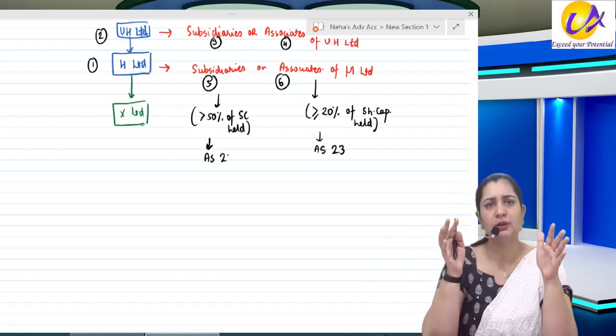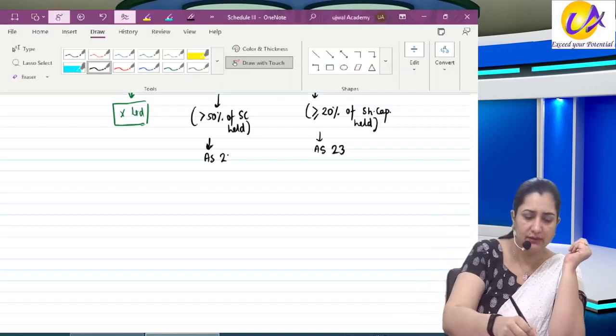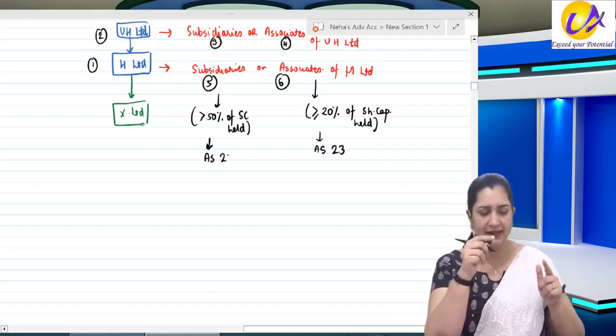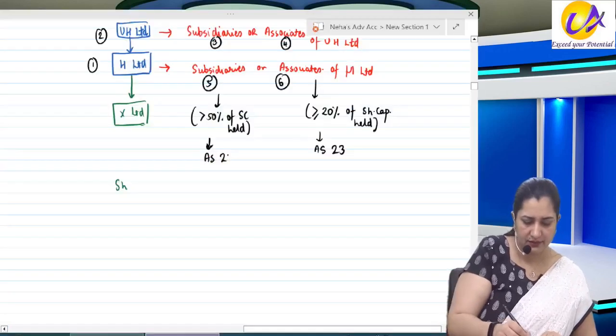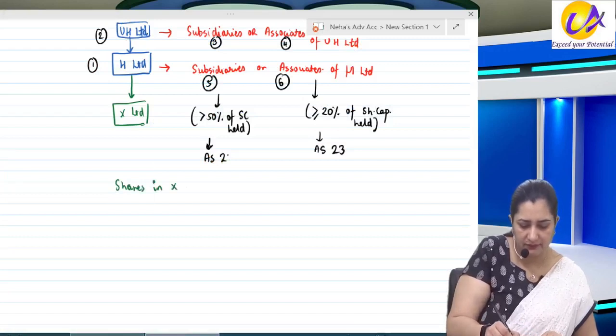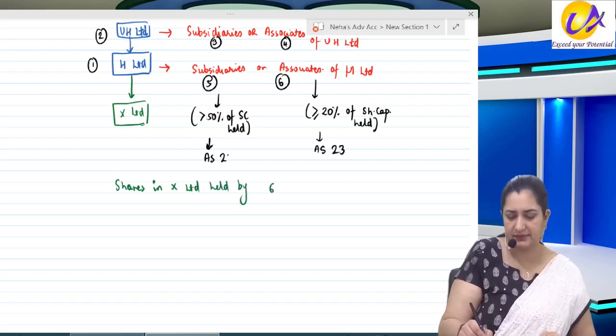So in simple words, what are we trying to say? See point number F again. What are the number of shares held by? Shares of each class in the company held by: shares in X Limited held by these 6.